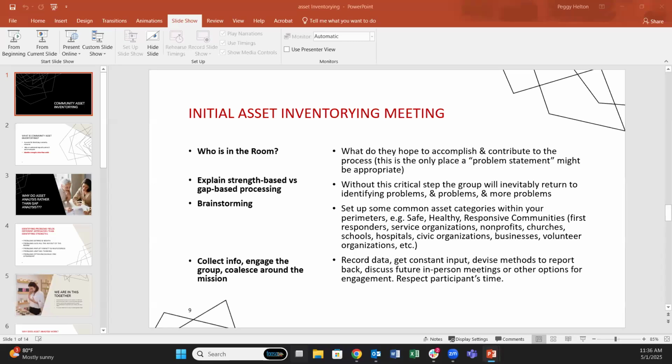And their name alone will bring in other members. Other people want to belong to this group because of their ability to pull in folks. So keep in mind that having that person be a co-chair or help facilitate these meetings can be incredibly helpful. Did I answer your question?